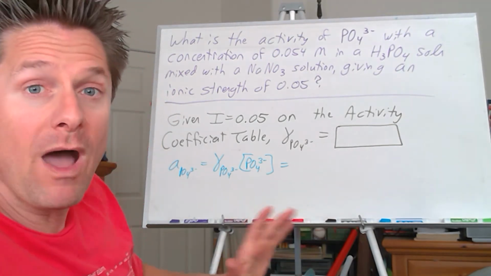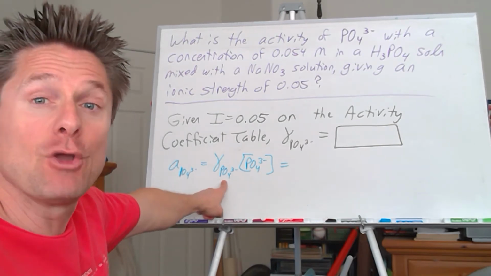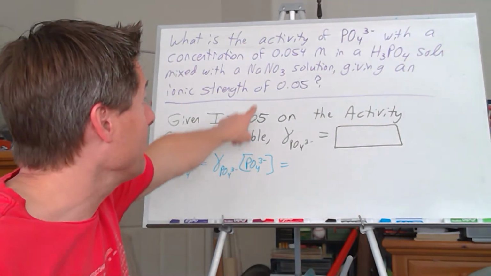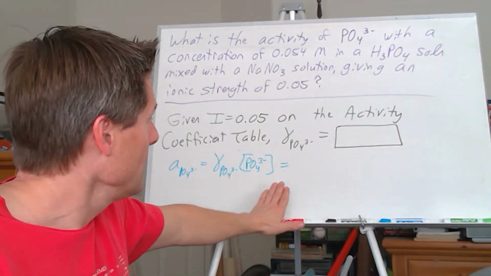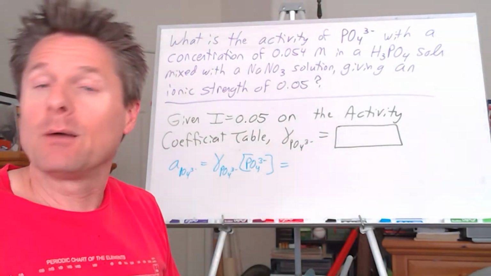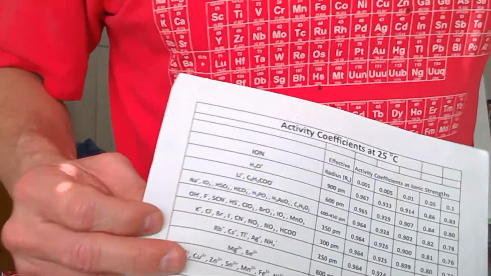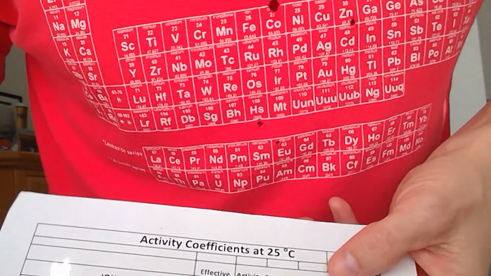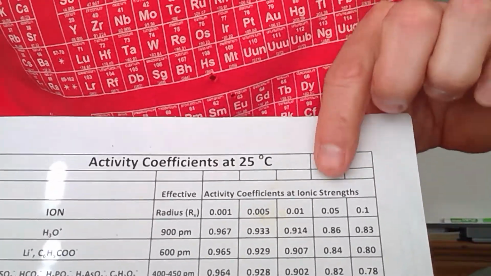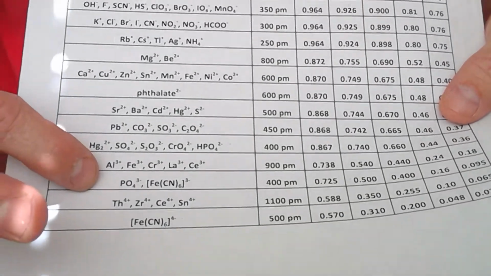All right, we want the activity. The activity of the phosphate ion will be the activity coefficient of the phosphate ion times the molarity of the phosphate ion. Well, I gave you the molarity. We just want the effective concentration. So we need the activity coefficient, and that comes from the activity coefficient table. The ionic strength of 0.05 is right here at the top, and we need to find the phosphate ion, which is way down here.